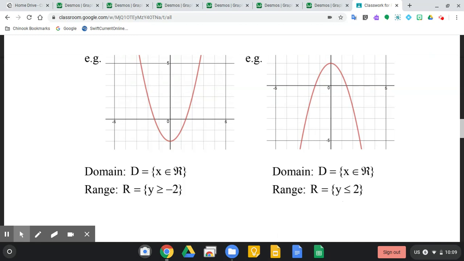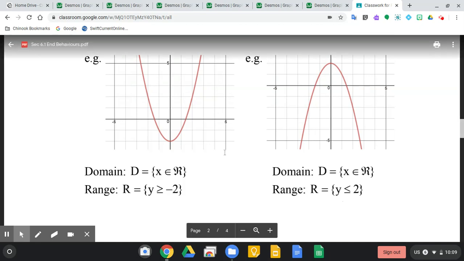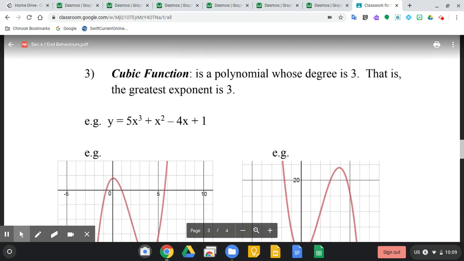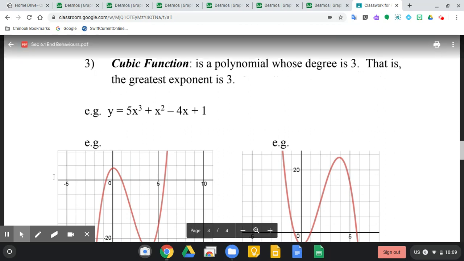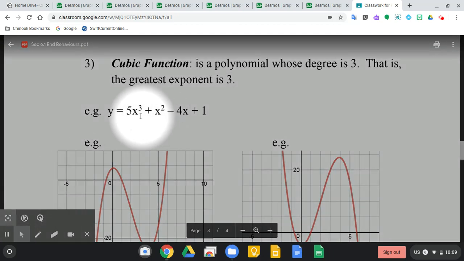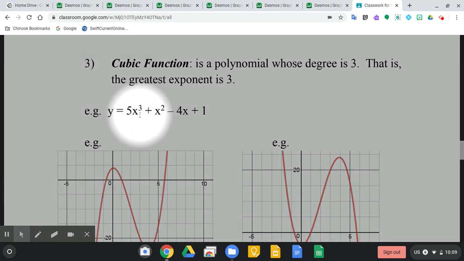There is a third type of function we're going to look at in this chapter, and this is one we have not seen before. And so I'm going to introduce it briefly today, and it's called a cubic function. And if we have a cubic function, that means it's a polynomial function whose degree is 3. So if I look at this particular expression, the highest power is 3.